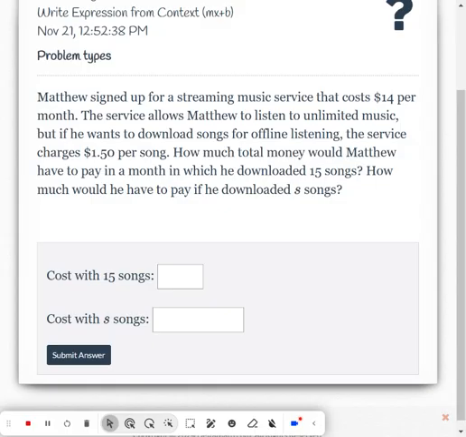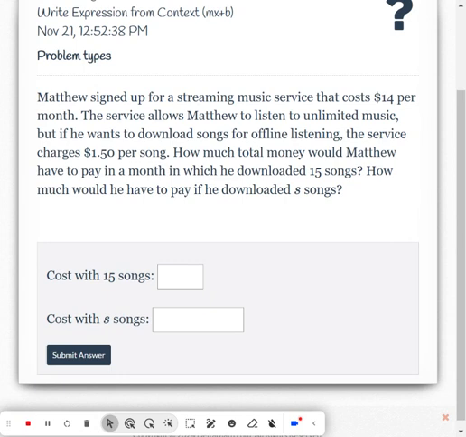It allows Matthew to listen to unlimited music, but downloading songs costs $1.50 per song. So I'm going to let x equal number of songs. And so it's 14 plus 1.5x.